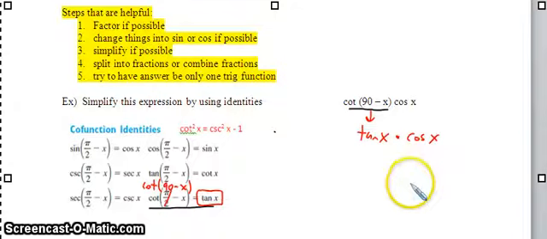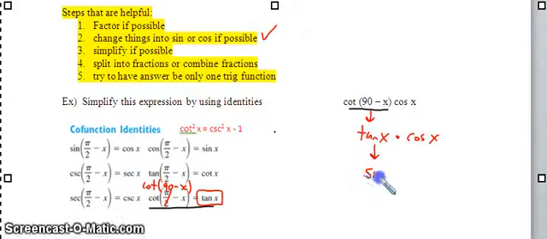I'm going to go back to my formula sheet and try to find some sort of identity for tangent. Since I already have a cosine in my problem, I'm going to want to change it into a sine or a cosine if possible. Well, I know there's the tangent identity that says tangent is the sine over the cosine.